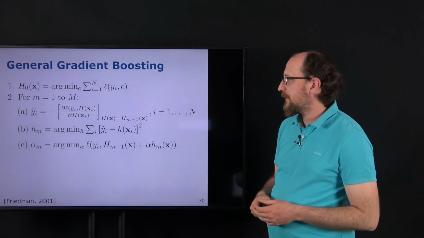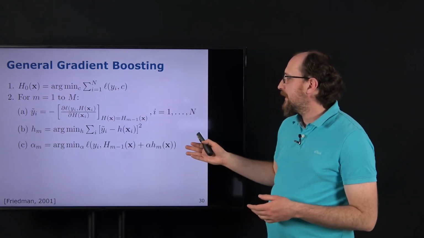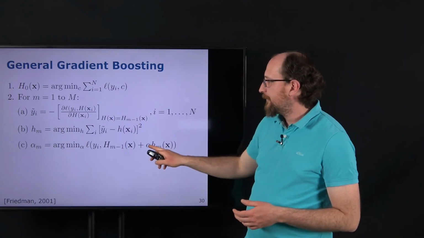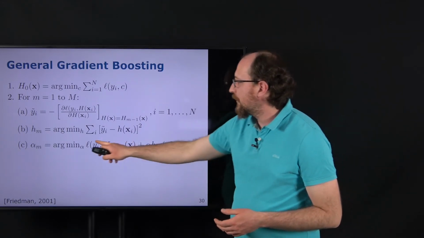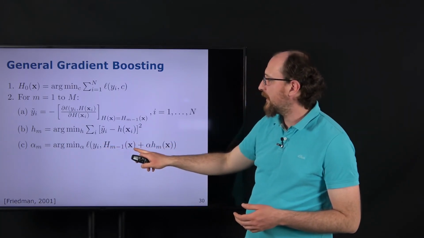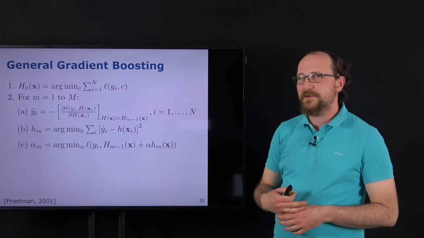One more step done by Friedman in this work is that we find a step size alpha which improves the loss. We have our old ensemble part, and by adding h of m, we're going in the right direction.